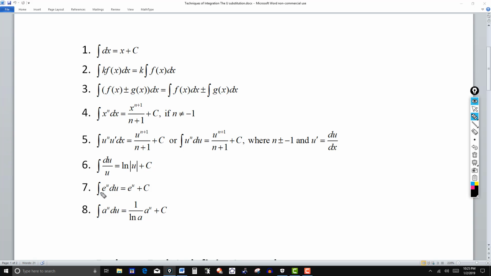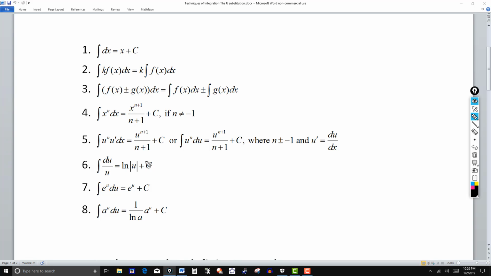Antiderivative of e to the u is e to the u, just like if this were an x and this was a dx, this would be e to the x plus a constant. And then the next one for the exponential, a to the u du, the integral of that is 1 over natural log of a times a to the u plus a constant.